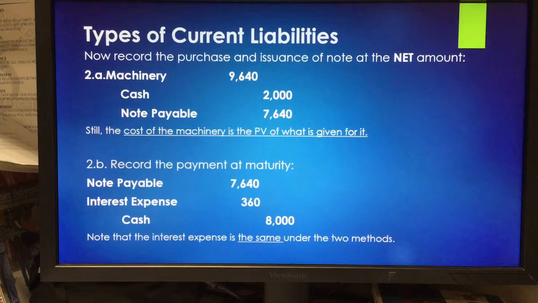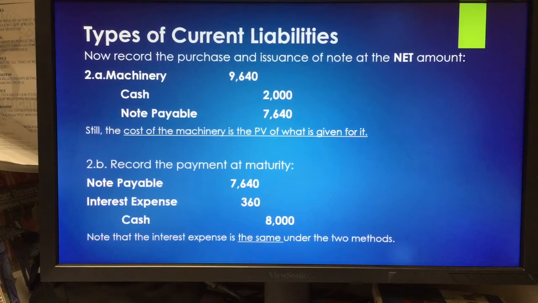So you can see that the recorded cost of the machinery is the present value of what's given up for it. And so whether you use the gross method or the net method, that recorded value of the machinery does not change.